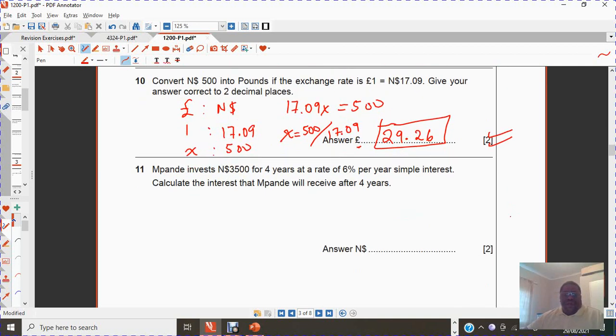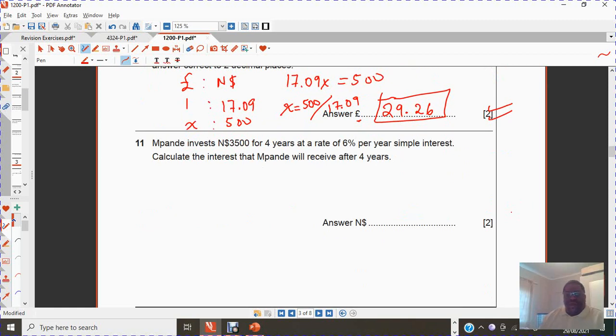Now, question 11. Pandey invests 3,400 for 4 years at 6% simple interest. They ask you to find the interest. The interest is simply calculated by taking the 3,500, multiplying it by the 6%, multiplying it by the time. Again, this will be straightforward.